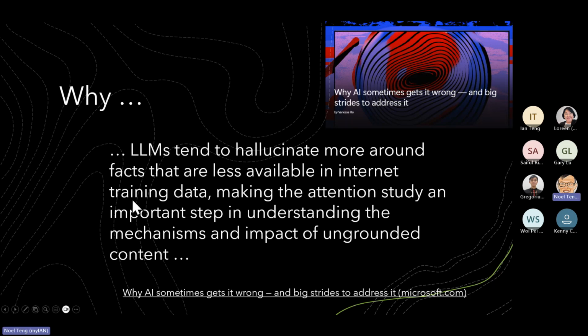So they actually curate data from the internet, obviously, as part of the training, right? Making the attention study an important step in understanding the mechanism and impact of ungrounded data. So Microsoft tries to use different avenues using responsible AI and so forth to try to hopefully reduce the situation of hallucination. Okay, so that's the key thing to the technology that Microsoft is putting forward.